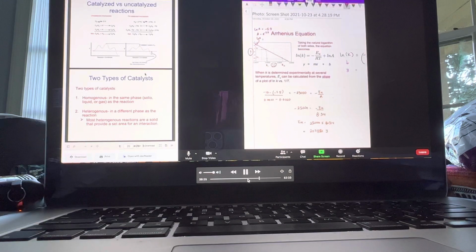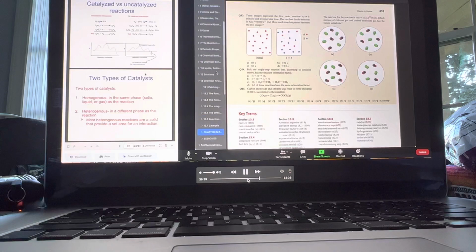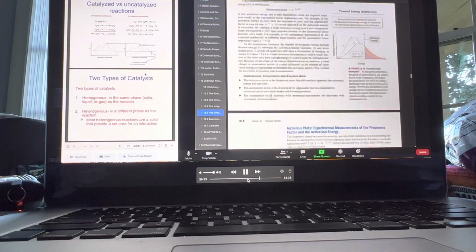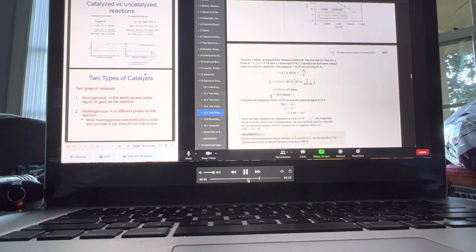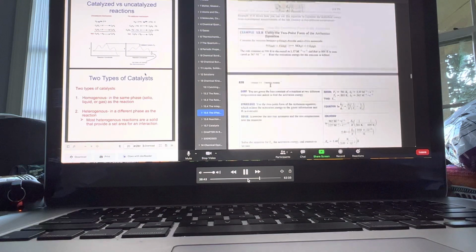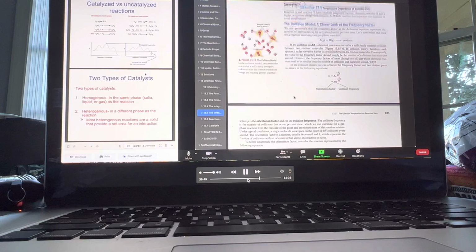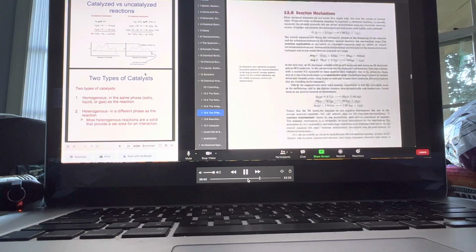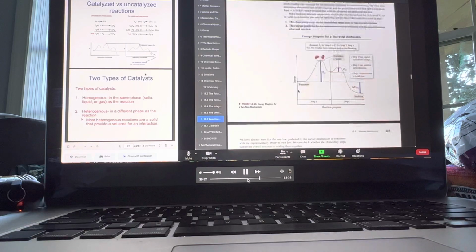Okay. Let me see what's going on. So basically, a catalyst speeds up a reaction, but it's not used up during the reaction. So at the end of the reaction, after you form your product, you will still find a catalyst present. Okay, so where is it?